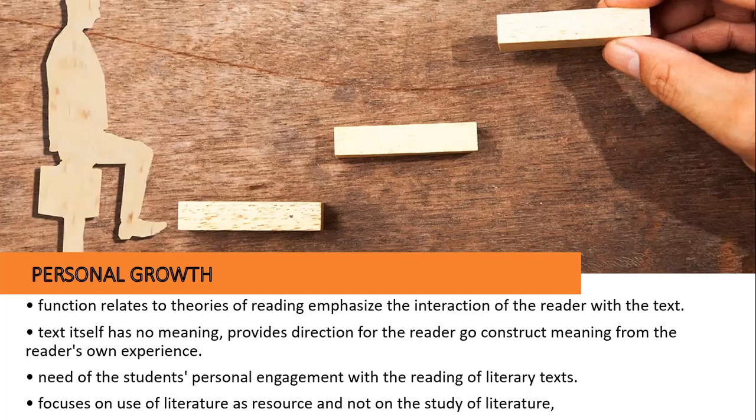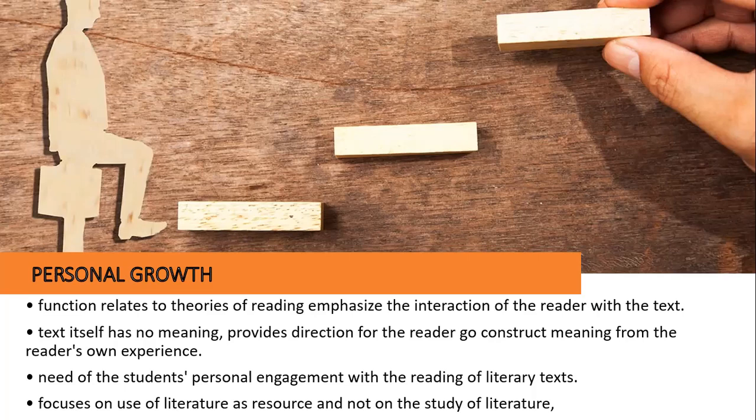Understand? So the function relates to the theories on reading, which emphasize the interaction of the reader with the text. The text itself has no meaning, it provides direction for the readers to construct meaning from the reader's own experiences. So here, we could help our students to share experiences, grow in knowing the experiences of others aligned with the text, and build themselves in good application of the text.